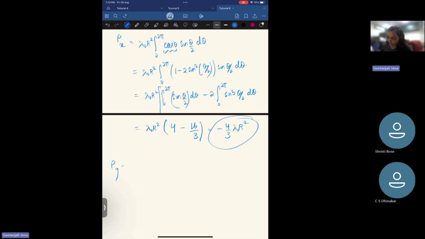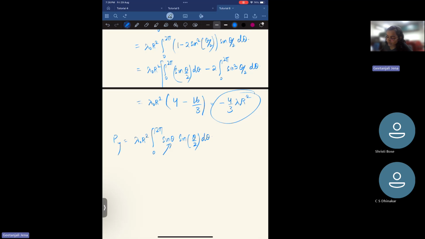For py, we have lambda 0 r square integral from 0 to 2 pi of sin theta by 2 d theta. Similarly, you can express sin theta in terms of sin theta by 2.